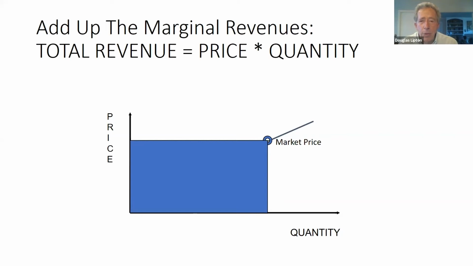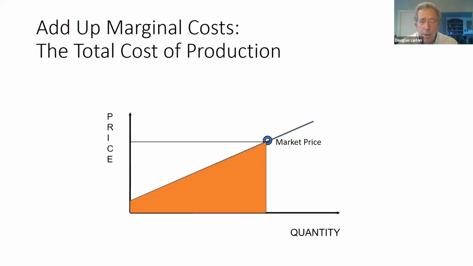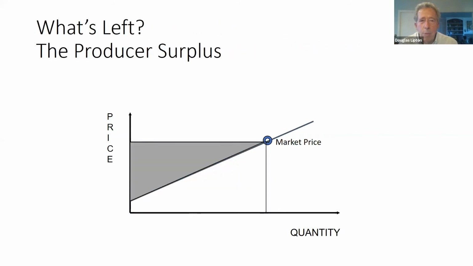This is the revenues that you get. You get the market price times the amount you produce. This is the cost. This is what we call the producer surplus. Basically, you've added up for all the production below the market price, you're getting a surplus. It's most at the smaller quantities, and as you move across that curve, it gets less and less until it disappears.